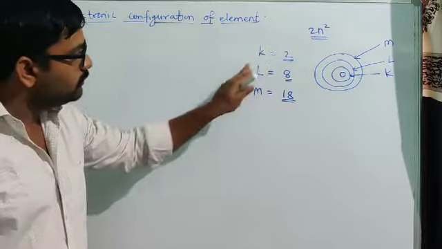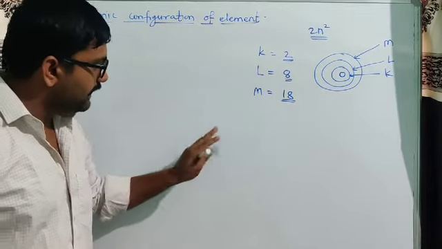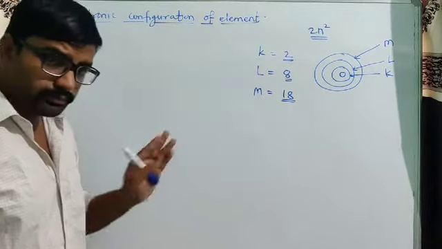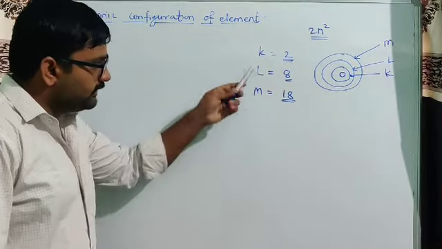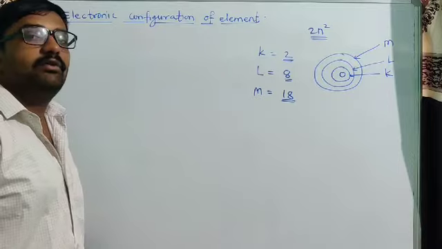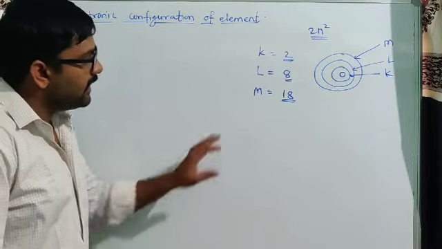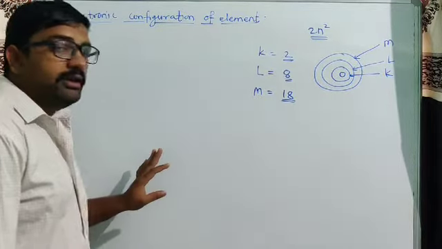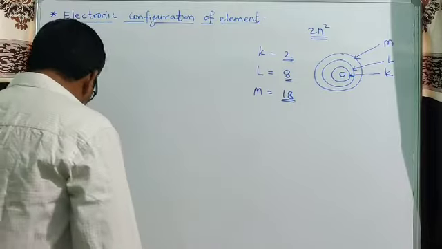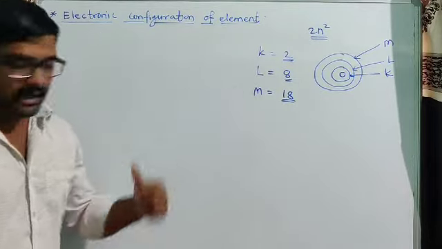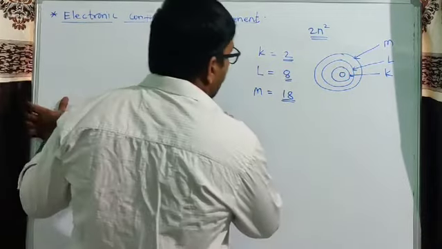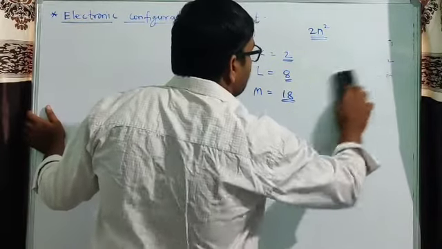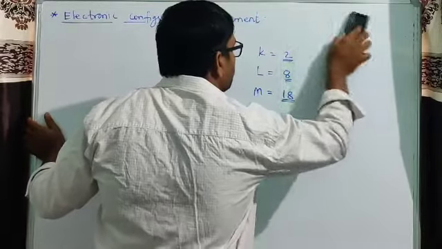K 2, L 8, M 18, N 32. In such a way, as we increase the number of shells, the capacity of that shell goes on increasing. We also studied that up to the last lecture. So you have to remember well these maximum capacities of the shells. According to that, electrons stay in that particular shell.